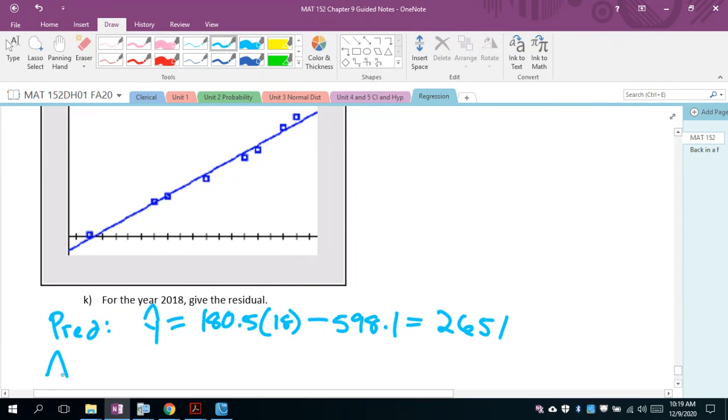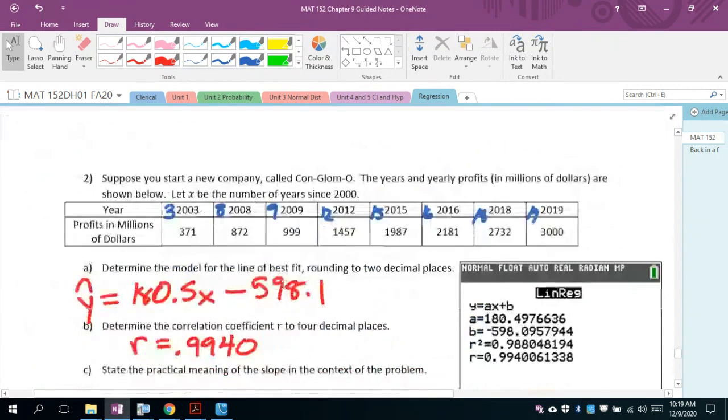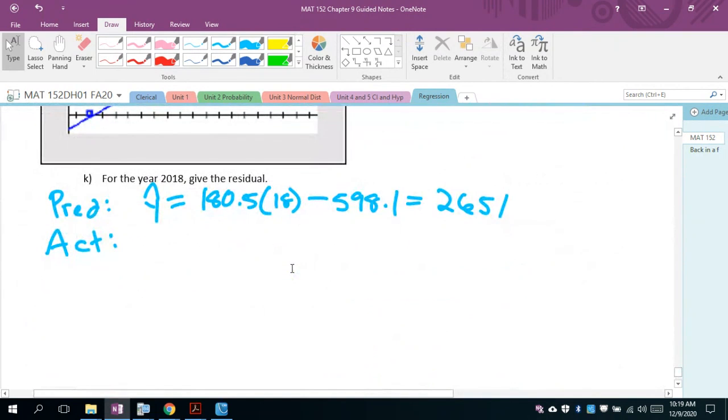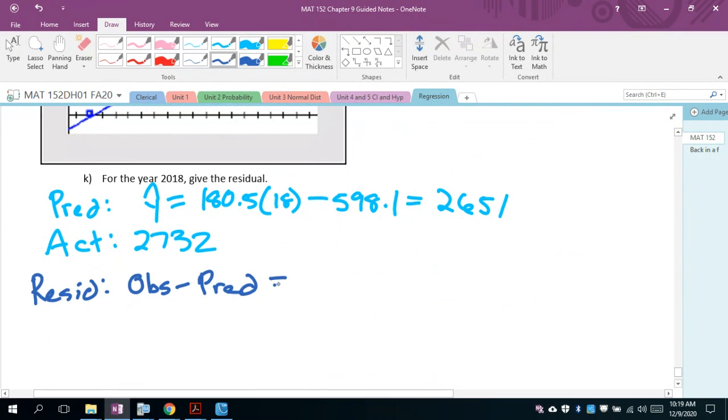Now, the actual amount in 2018 was 2732. And for a residual, it is the observed minus the predicted. Observed or actual, so 2732 minus 2651. And the residual is $81 million.